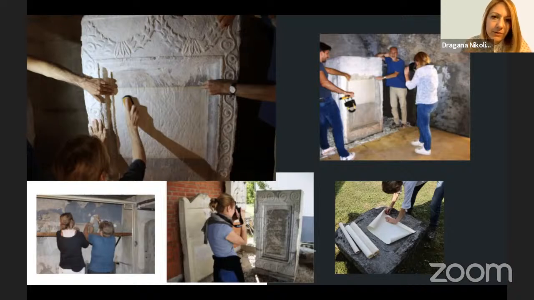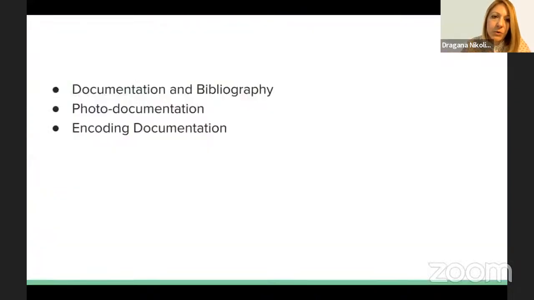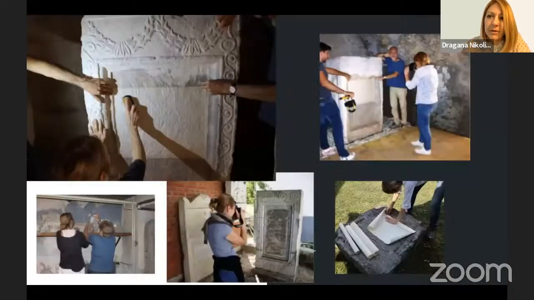And these photographs that I'm showing are from Western Serbia, because this is the region that we chose to begin with, because it is not covered by any national corpus.